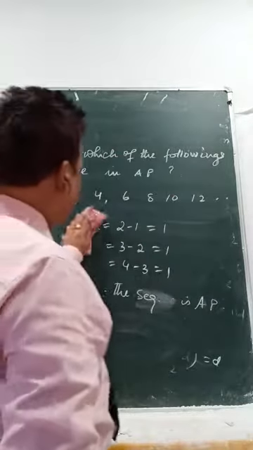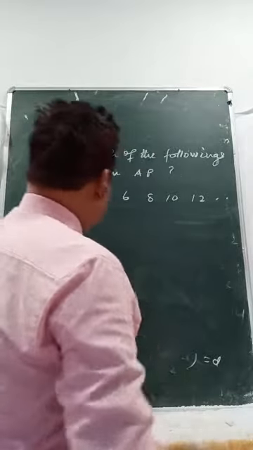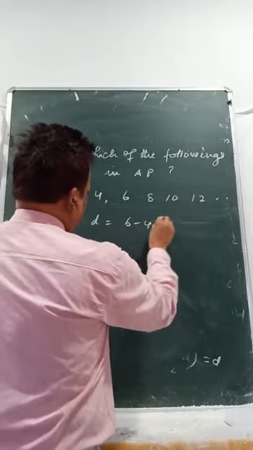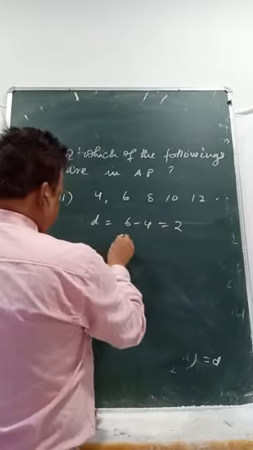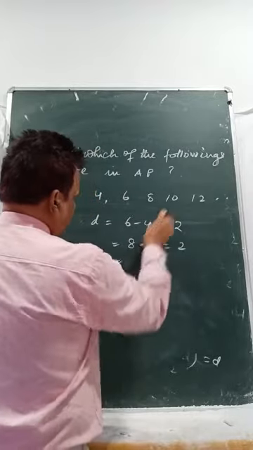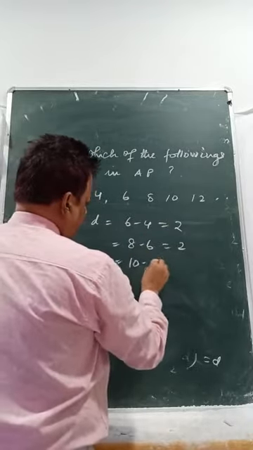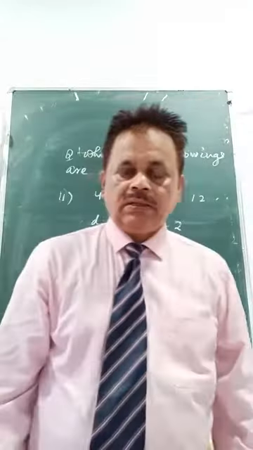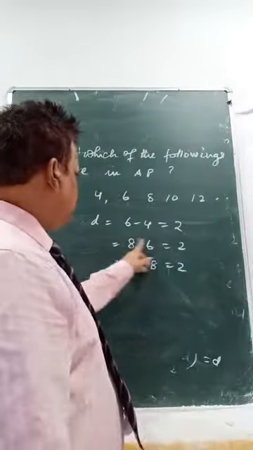Always you find a D here. D means 6 minus 4, 2, 8 minus 6, 2, 10 minus 8, 2. This is also AP. Got the point now? So this is AP sequence.